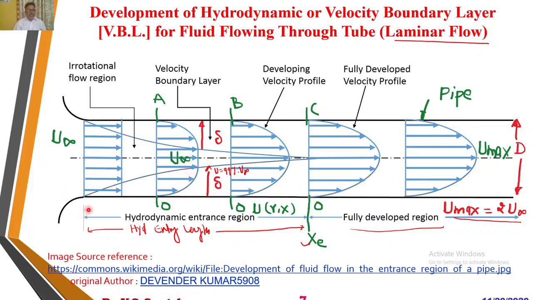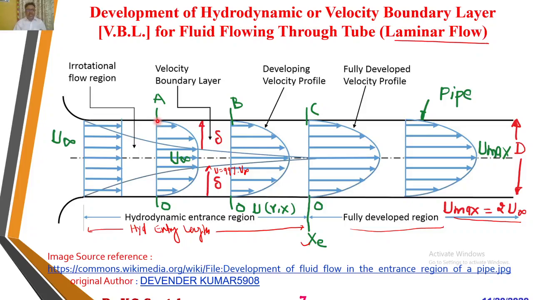Now at a distance of x from the entrance of this pipe, let us say at section 0A, because of no slip condition, whenever a fluid is flowing through the stationary pipe, the velocity of the fluid particle in contact with the stationary pipe surface comes to 0, because velocity of the pipe wall is also 0.